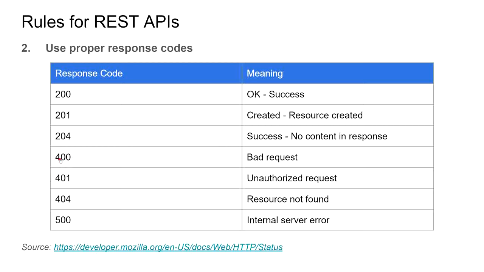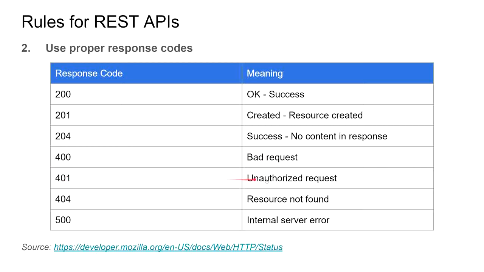Let's say for making a payment, you didn't send the account number of whom to pay, or you didn't send an amount field, how much to pay. If you hit an API without the amount to pay, the payment system that you build should return bad request.